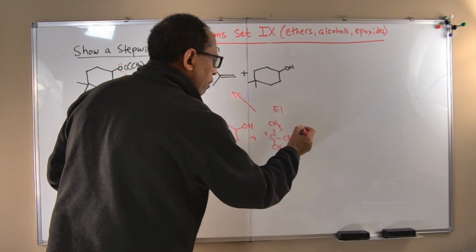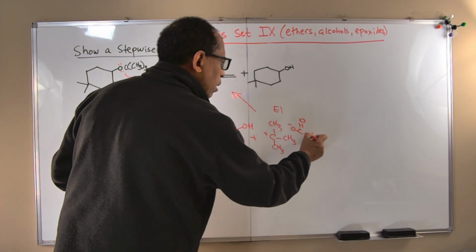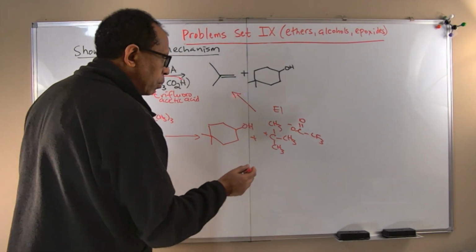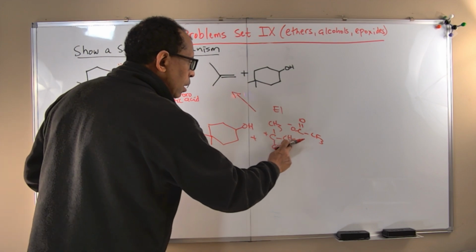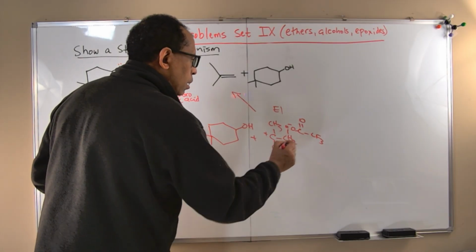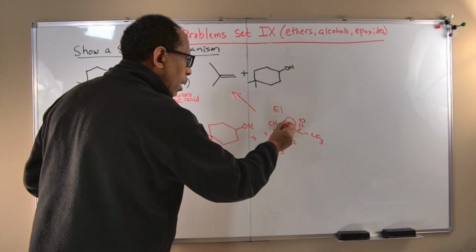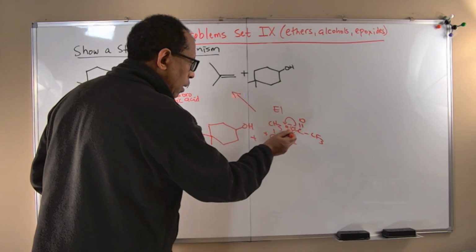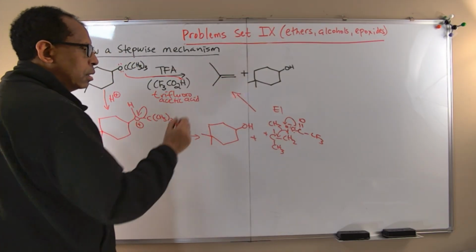That is sufficient to abstract a proton, this base, O minus CF3. It doesn't have a proton. Now, one of the hydrogens from here, for example, if you have this CH and this CH2, the electrons would pick up that proton, and then this would be satisfied. That makes a double bond. So it gives this product.